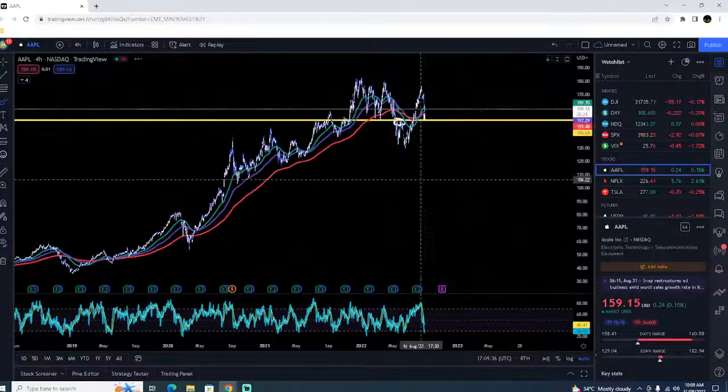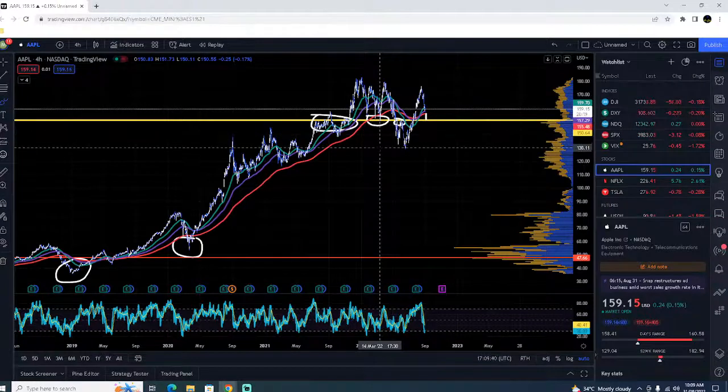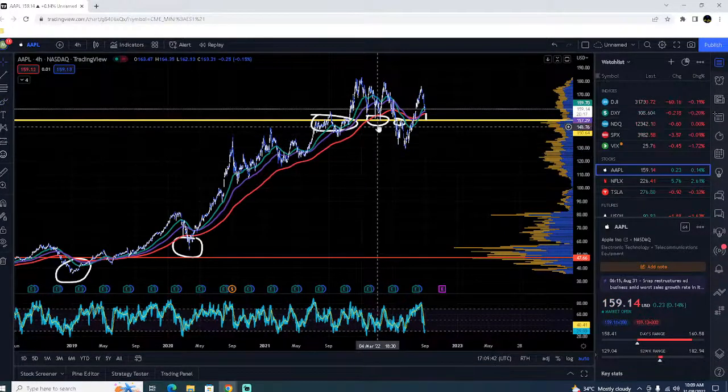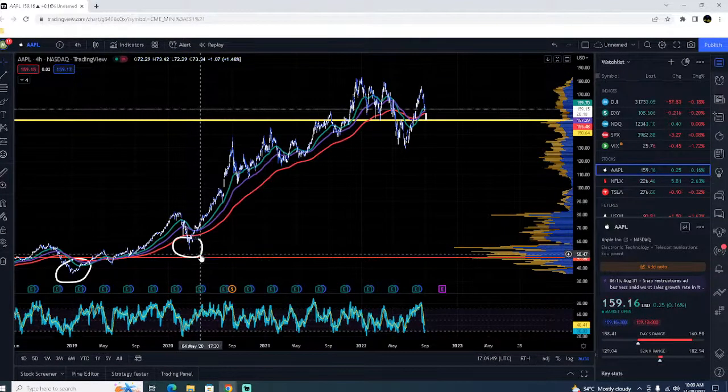Going towards Apple on the 4-hour chart. So previously we talked about this $150 level being very important. Let me remove all of this.